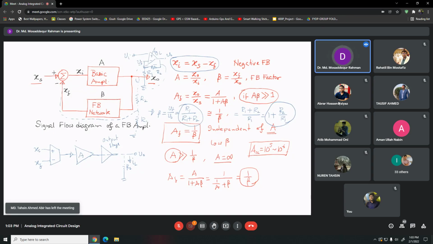So usually we have the amplifier here, which will enhance the gain, and then the output stage will enhance the power. Usually it is a power amplifier at the output stage, also known as the voltage buffer. It is a voltage buffer because it will have a voltage gain of 1.